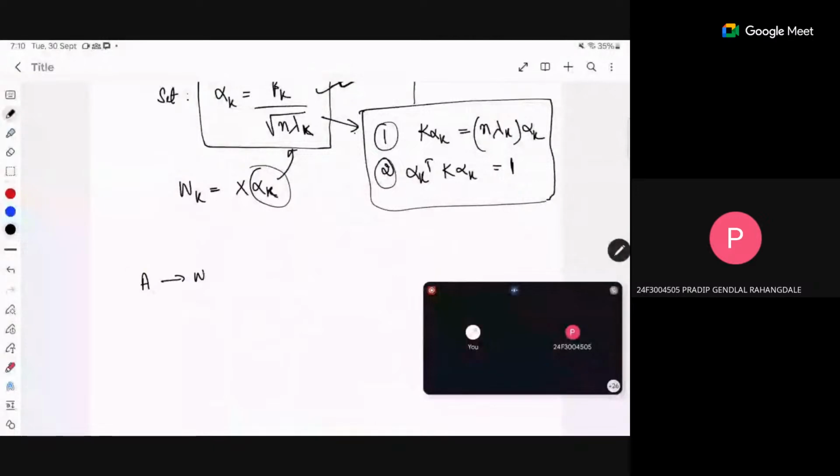Let's say W is the eigenvector you found. If you have to make its length equal to 1, what will you do? If my W is (W1, W2), then how do you make the length 1? You divide by its norm. So I'll divide by the square root of W1 squared plus W2 squared. Now this will be of length 1.